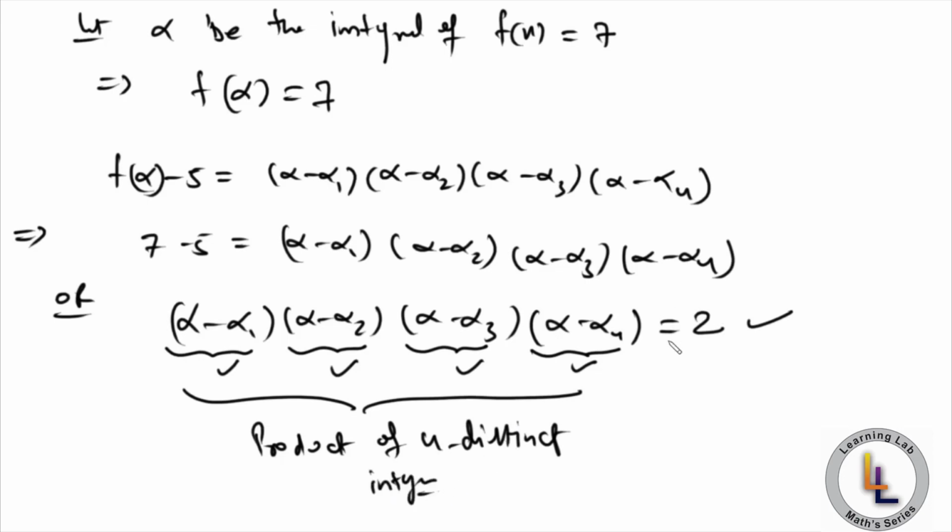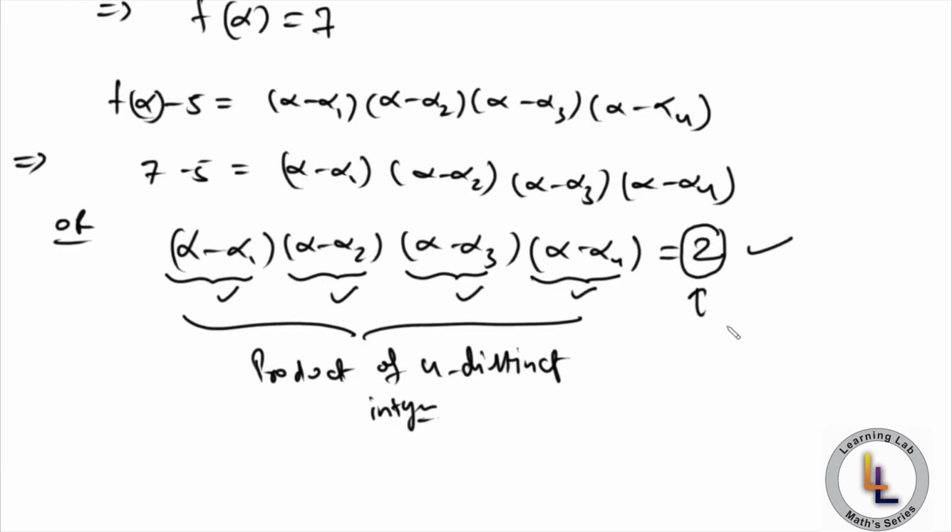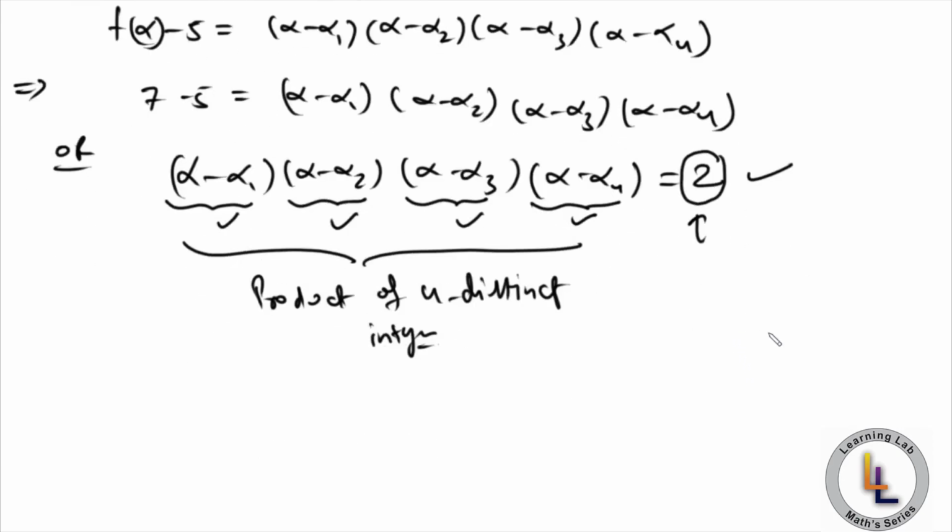But this 2, which is the right side, cannot be expressed as the product of 4 distinct integers. So clearly the left side can never be equal to the right side for any integer alpha.